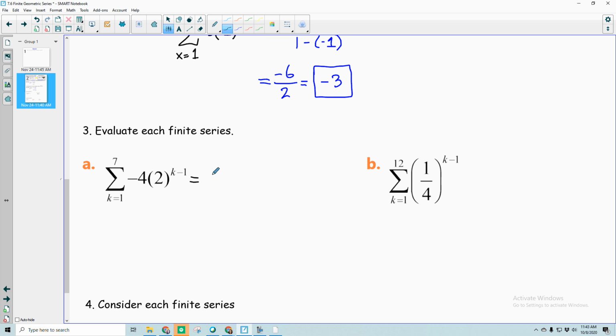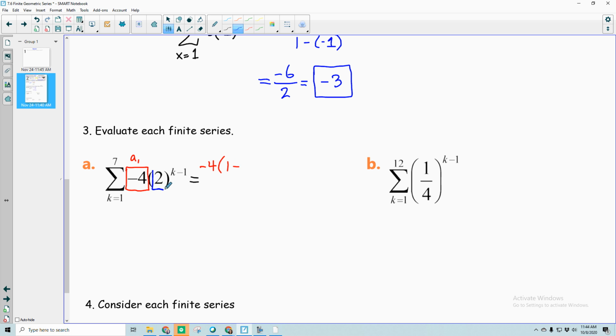So for that formula, the first thing I need is the first term of the sequence. Well, recall, since this is the explicit formula, the number that's sitting right out in front of the parentheses is the first term in the sequence, okay? So your first term is -4, and that's being multiplied by 1 minus, and then what's the common ratio?